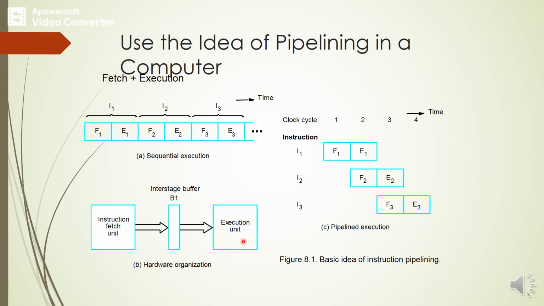The instruction fetched by the fetch unit is deposited in an intermediate storage buffer. After fetching the instruction, those fetched instructions will be stored within the interstage storage buffer B1.